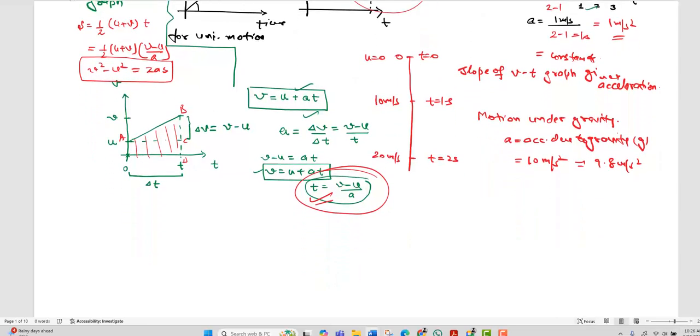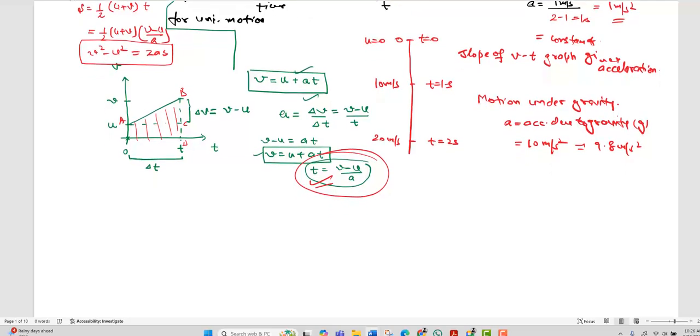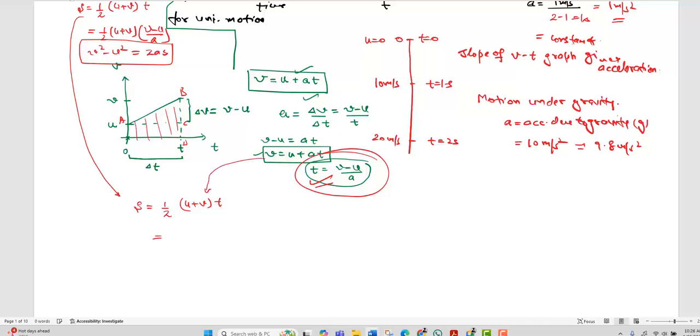So I'm deriving all the three equations, I believe, right now. Now, coming to that. Now I'm rewriting this. Now from here, substitute the value of v.